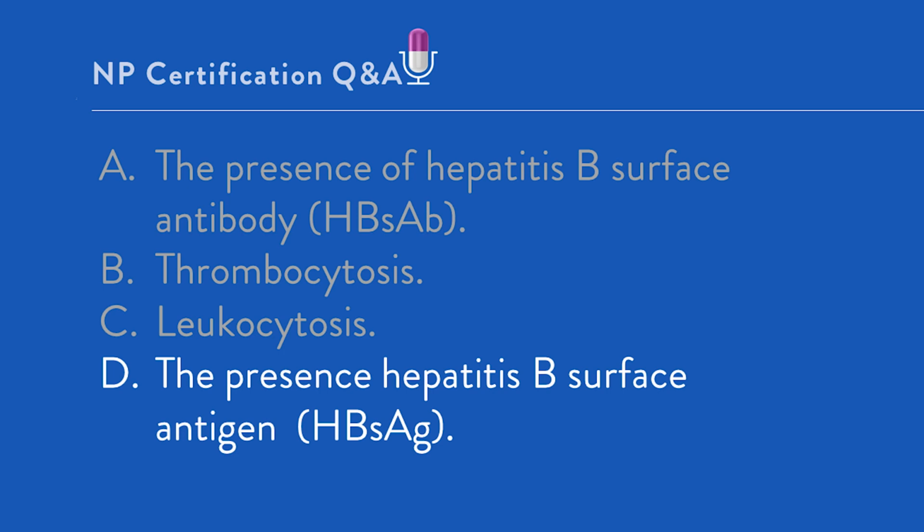Persistence of hep B surface antigen beyond 6 months from the onset of the initial acute hep B virus illness is noted with chronic hepatitis B. And usually in chronic hep B, the hepatic enzymes are mildly elevated. The person is without symptoms. About 5 to 10% of people who contract acute hep B infection will go on to develop chronic hep B.